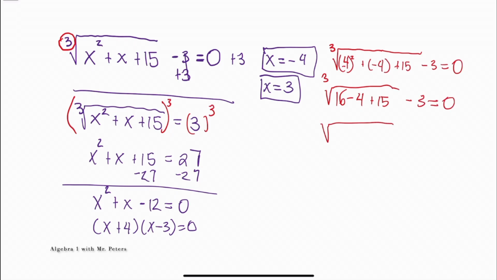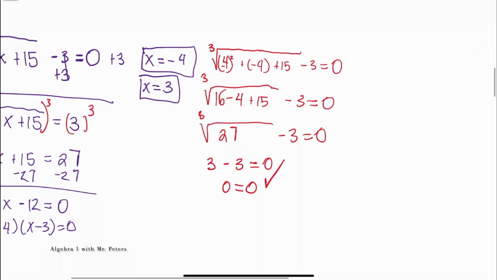So when we simplify what's under the radical, 16 minus 4 gives us 12, 12 plus 15 gives us 27, minus 3 is equal to 0. We know 27 is a perfect cube. So we simplify this to 3, write the rest of the equation, and we notice that when x is equal to negative 4, this solution will work.